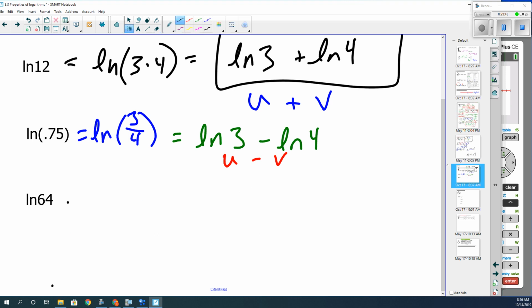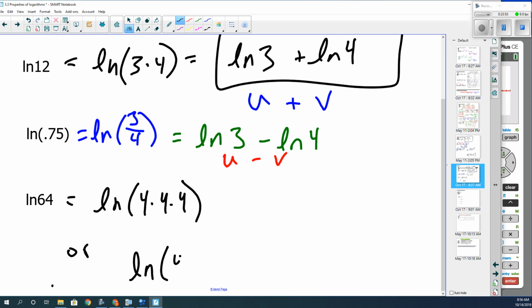So now that I know that it's the same as 4 to the third, I could write this either as natural log of 4 times 4 times 4, or as natural log of 4 to the third. Either way, it doesn't matter. If I expand it out that first way, since those all came from the top of the fraction, I could expand it using addition.